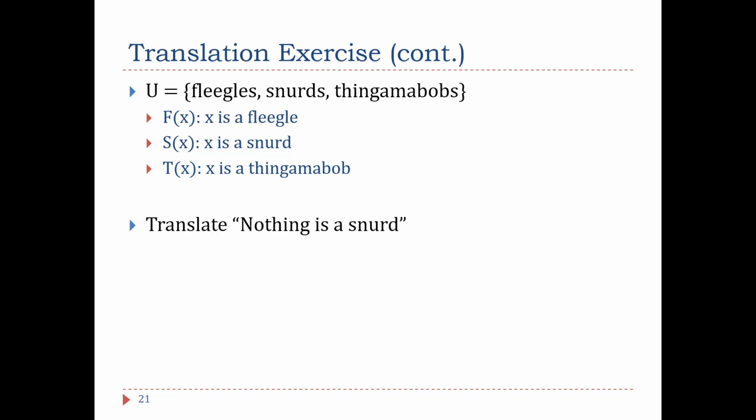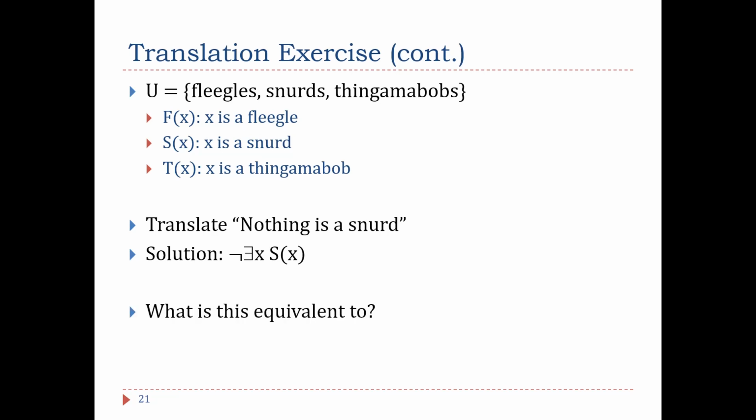So for every x, it won't be the case that s of x. So s of x will be false. But dually, you can say that I cannot find any x that is snurd, that is s of x. Okay, good. All flegels are snurds.